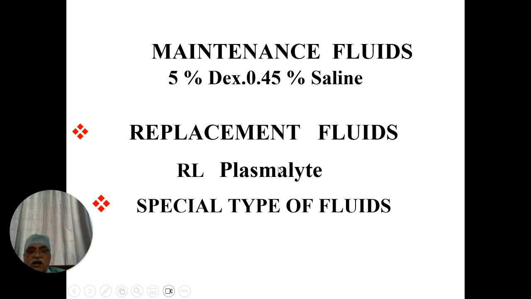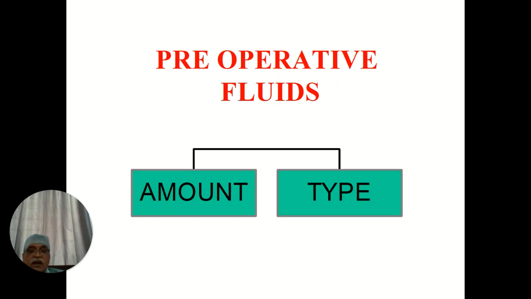Special type of fluid replacements will be done in case of certain diseases like patients with DU perforation. Preoperative fluids amount you have to decide, and the type of fluid, which I already told you.